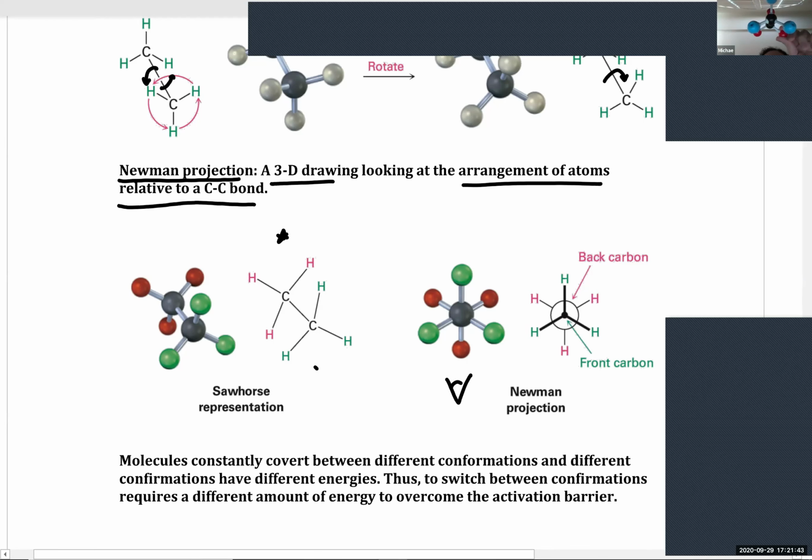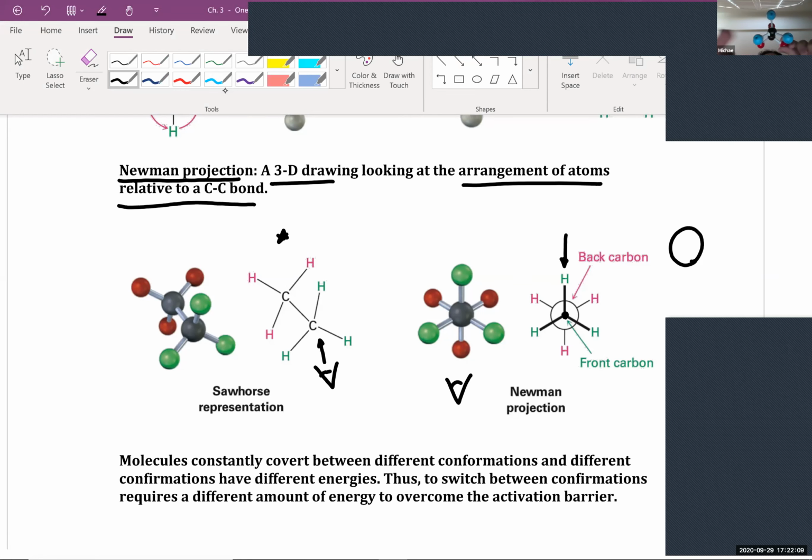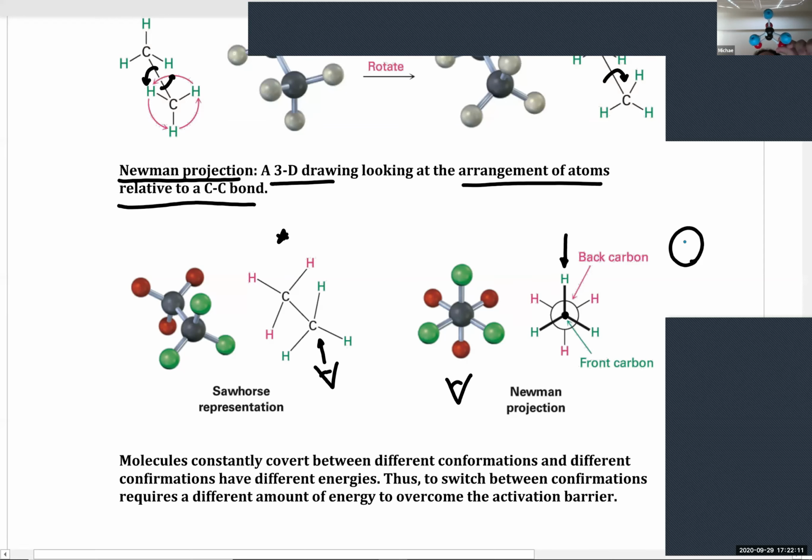So we're taking our eyes and we're looking down at our green carbon. As you can see, we have a carbon in the front, which is shown right here. And our atoms and substituents in the front are drawn in front of the circle. So for example, in this perspective, if we're using our blue and our red substituents, we draw our front substituents in front of the circle.